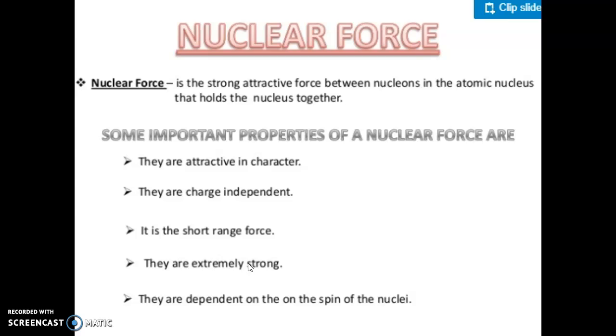So they are very strong forces, the strongest forces. They are dependent on the spin of the nucleus. You might have read about spin also, plus half, minus half. So it depends upon the spin of a nucleus as well.